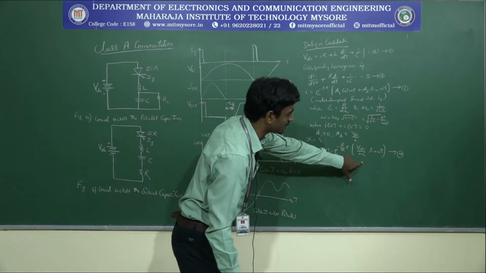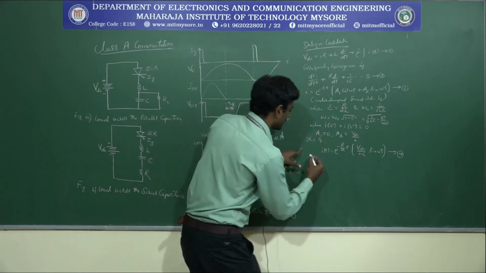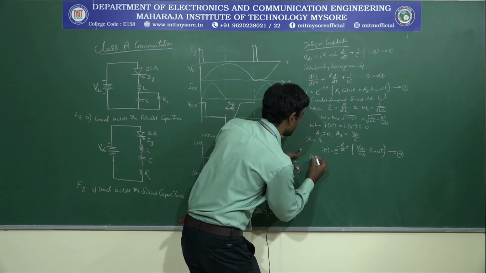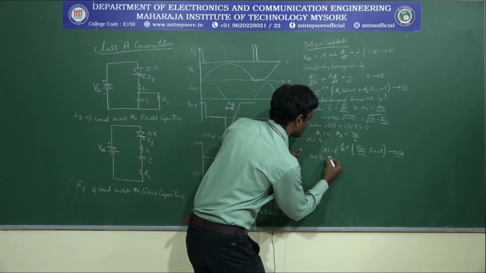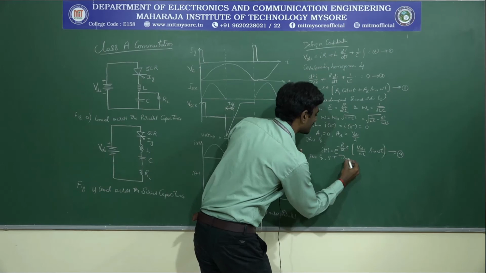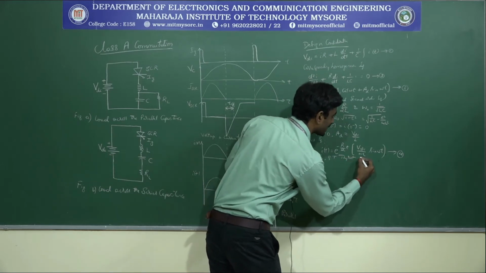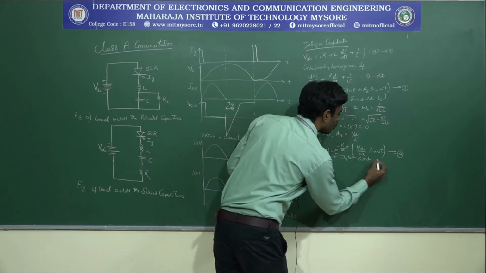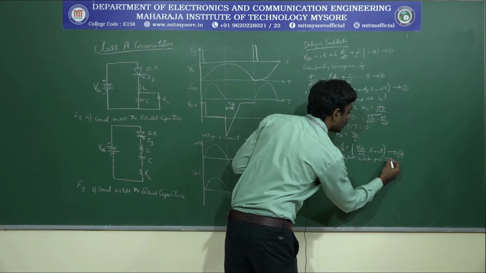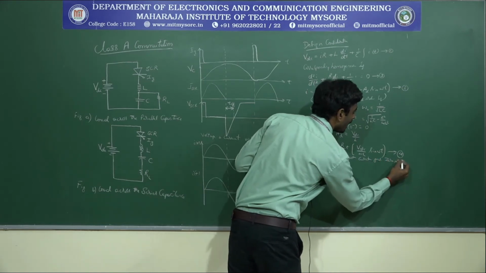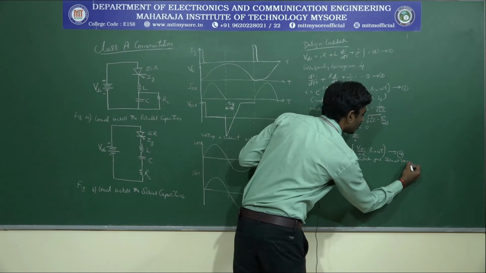If you consider this equation 4, it shows that the thyristor current goes to 0 at omega t equal to pi.